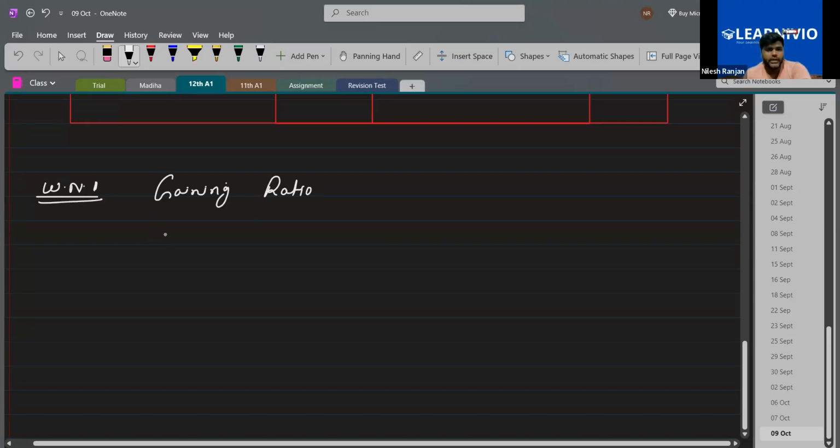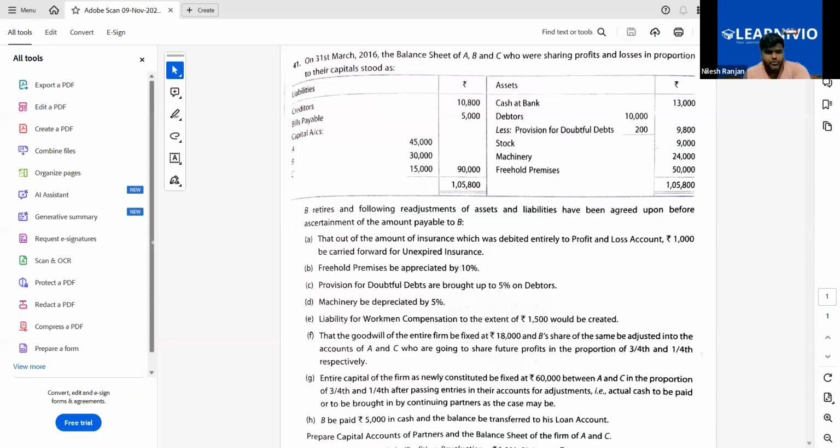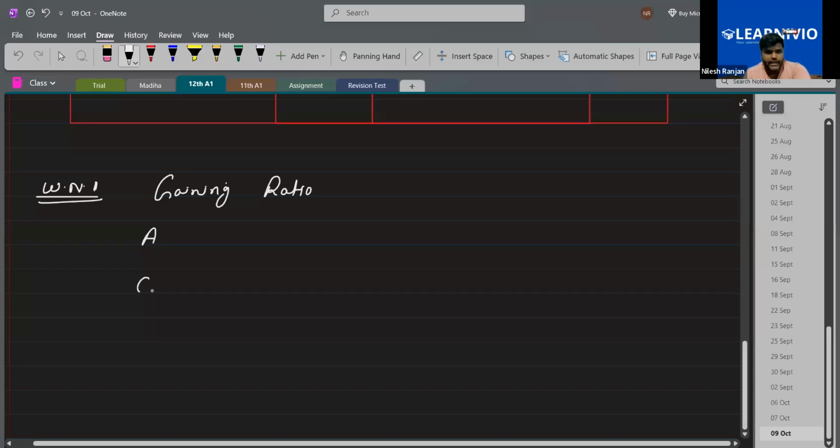Now, gaining ratio. B retires, so we have to calculate it for A and C. A's new ratio is 3/4, C's new ratio is 1/4, minus their old ratio.